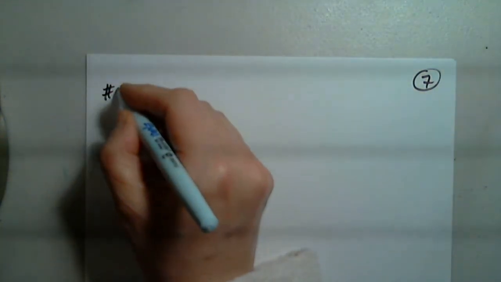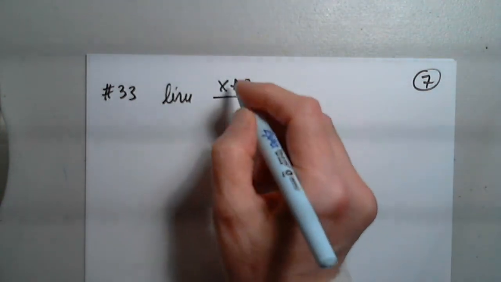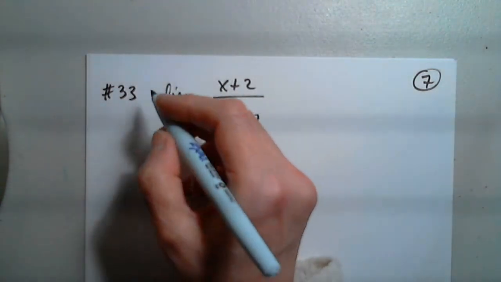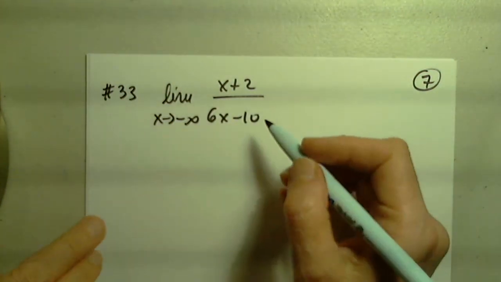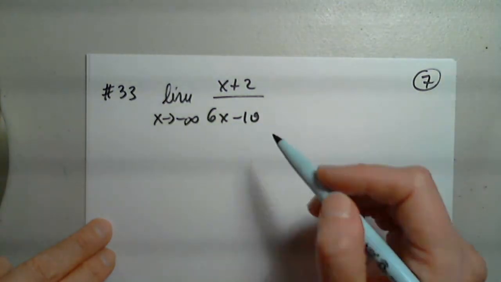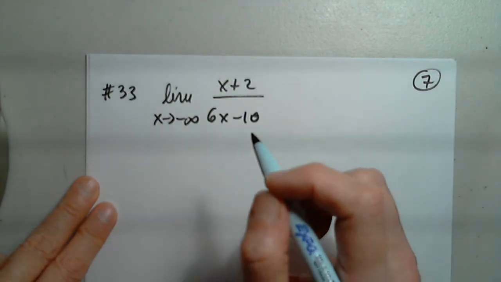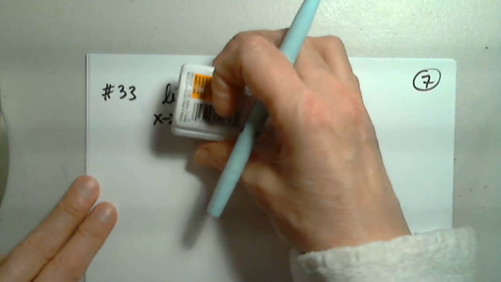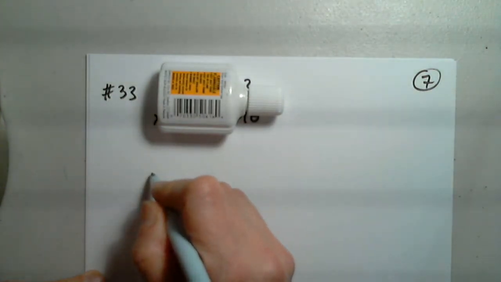So let me explain the infinite limits first. Let's look at, I don't know, 33. Limit of x plus 2 over 6x minus 10 as x approaches negative infinity. Okay, here is how we address this issue. First, before we look at this problem, I would like to ask you to look at the following situation.